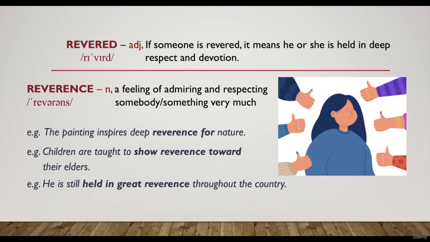He is still held in great reverence means he is still admired, he is still respected greatly. She spoke of them with profound reverence. So she spoke of them with a lot of respect. So she had a lot of respect for them.